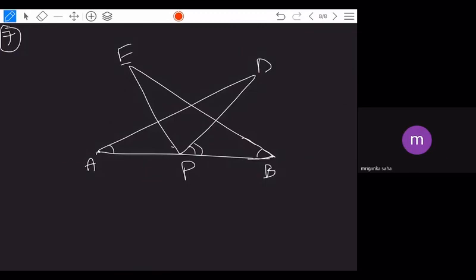So these two are part of the angles. What is being asked to you to prove? DAP. See, DAP. In this, I am going to show it to you with a separate color. DAP. This triangle, EBP triangle.